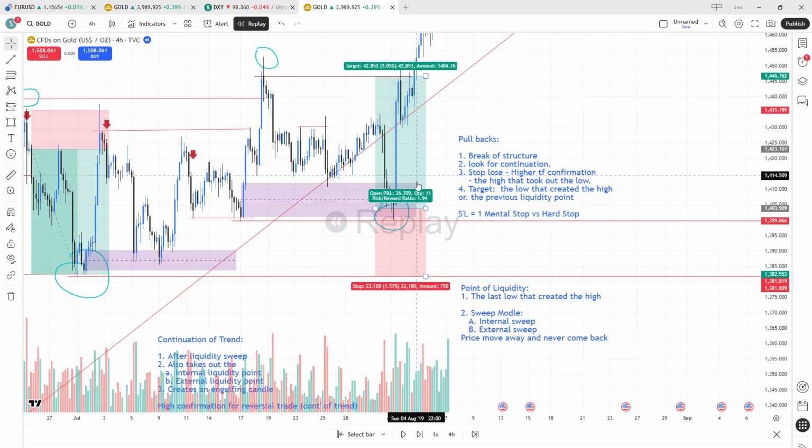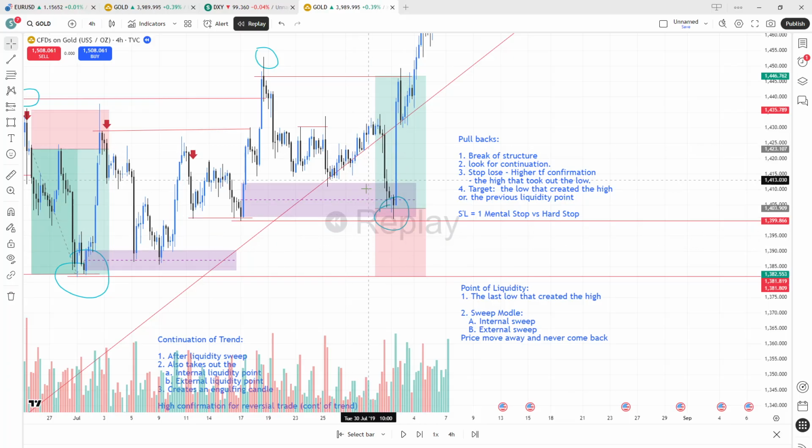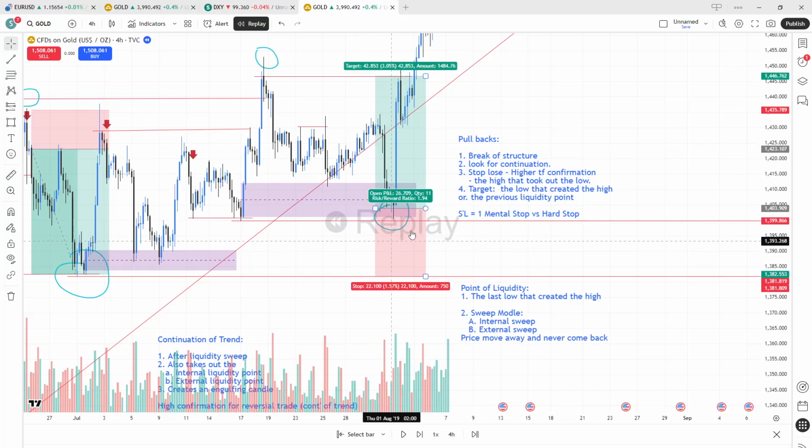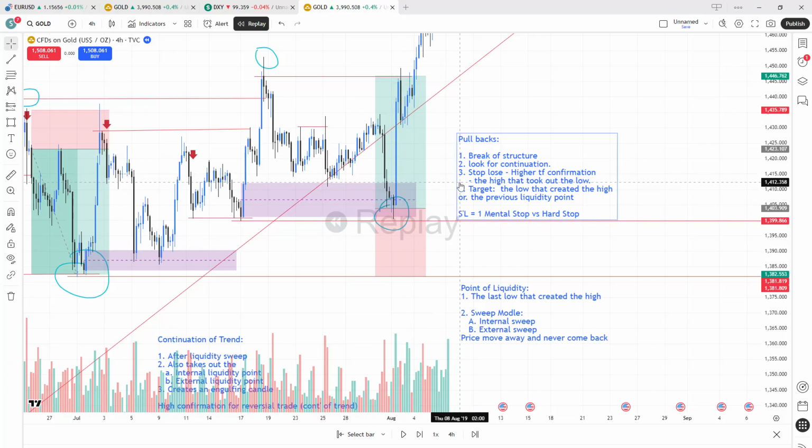You see all these areas just wicked out. Notice this too: when price comes back to this area, most people will buy or sell here, but they're going to be taken out.